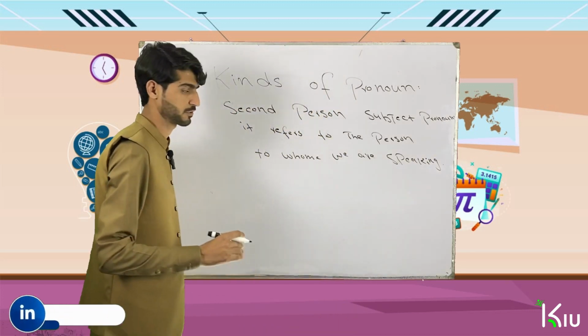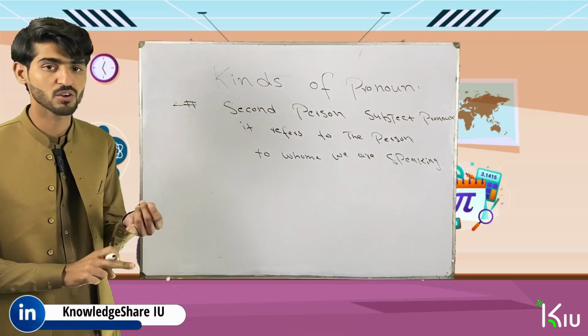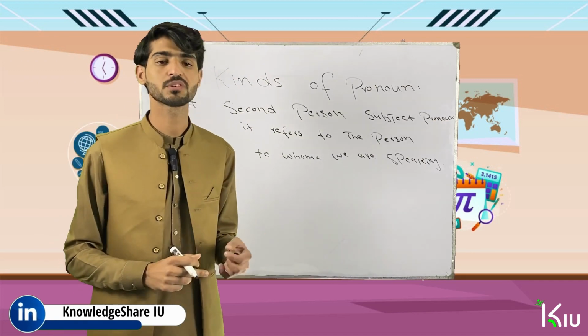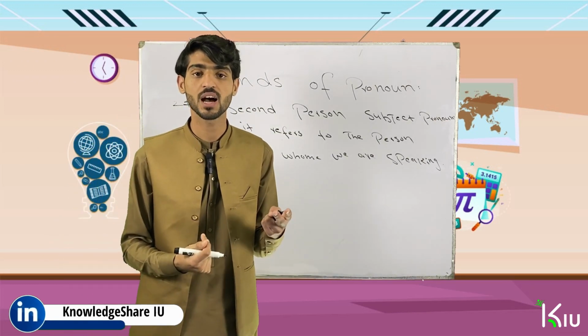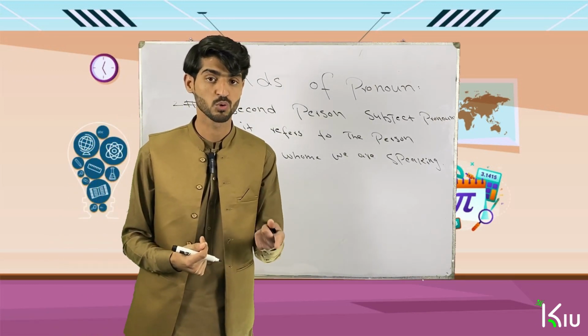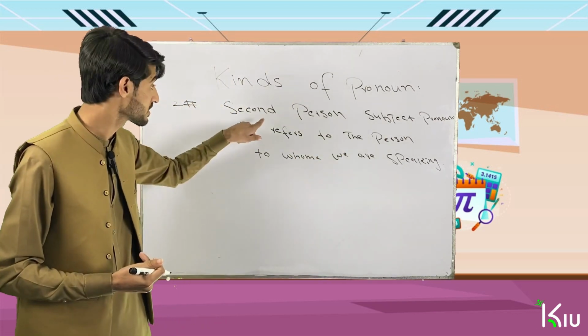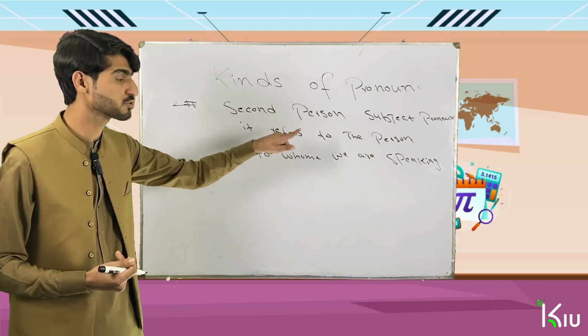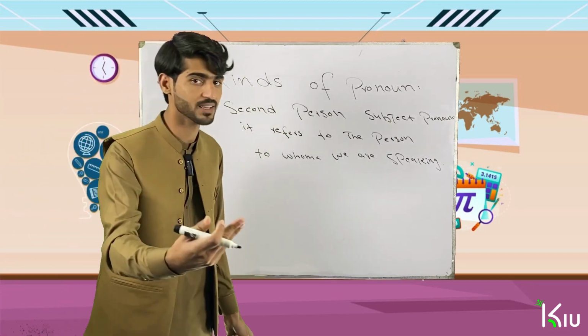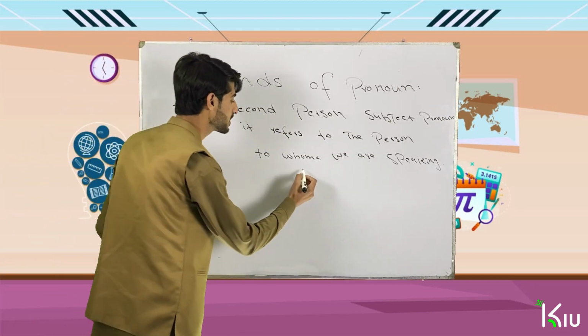Okay, first of all, we see it. We have first person pronoun. First person pronoun, it refers to a person who is speaking, and that was I for singular and we for plural. Number second, we have second person subject pronoun. What is second person subject pronoun? It refers to the person to whom we are speaking, and we can speak to you.